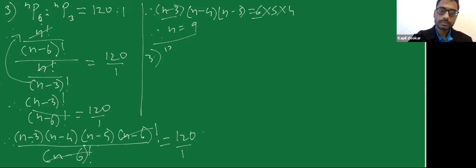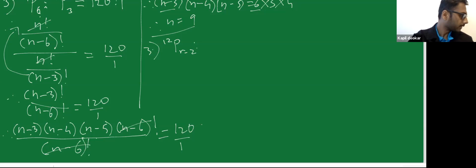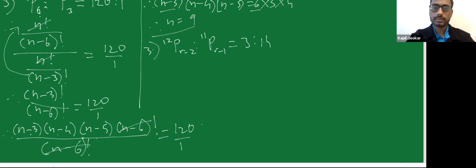12Pr minus 2 divided by 11Pr minus 1, which is equal to 3 is to 14. So simple. Again, we'll apply the nPr formula.